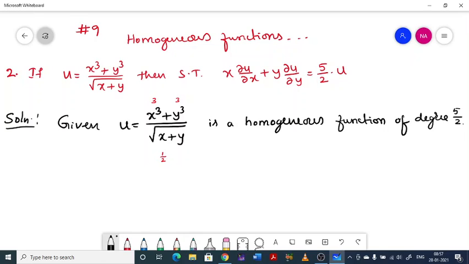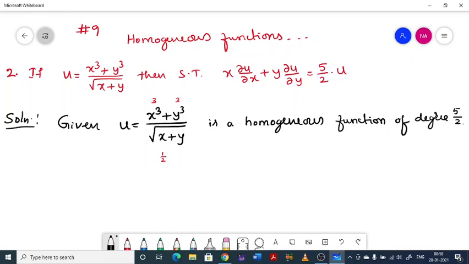You can write this directly, but it depends on how many marks are given for this question. If it is asked for just 2 marks, then you can write this directly. Or if you are supposed to write the answer for 4 or 5 marks, then you have to show that u is homogeneous.